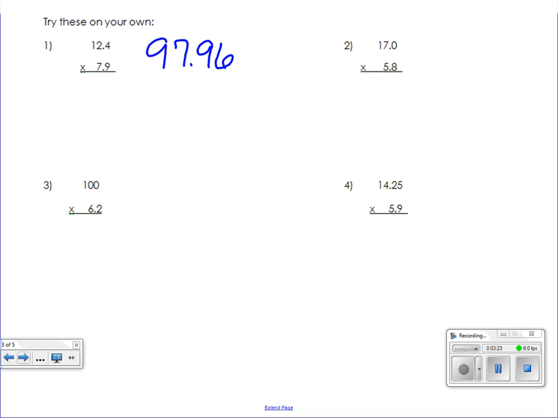With number 1, you should have gotten 87.96. If you would have multiplied, you would have gotten 1116, and then you would have gotten the placeholder, and then you would have gotten 8, 6, and 8.